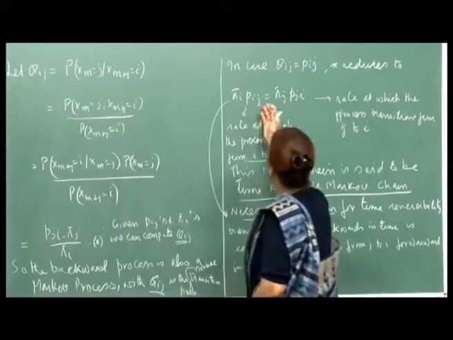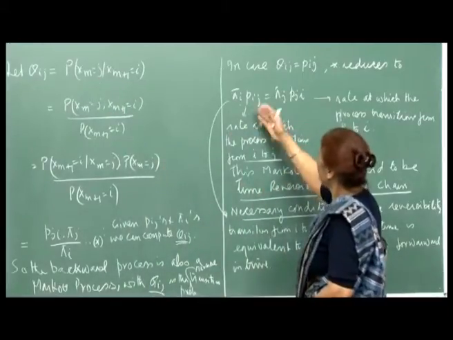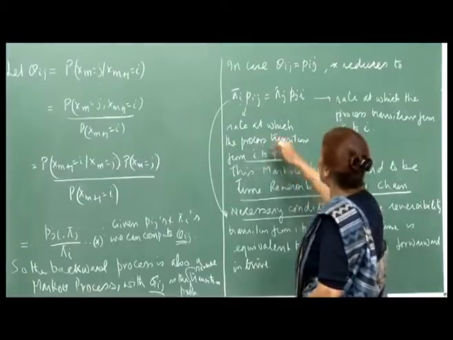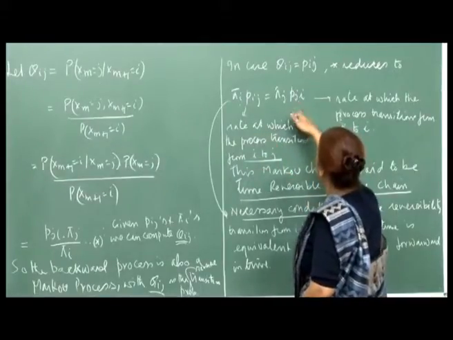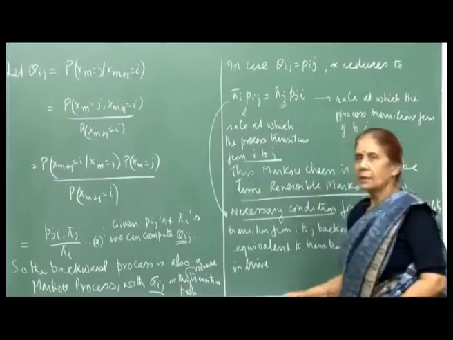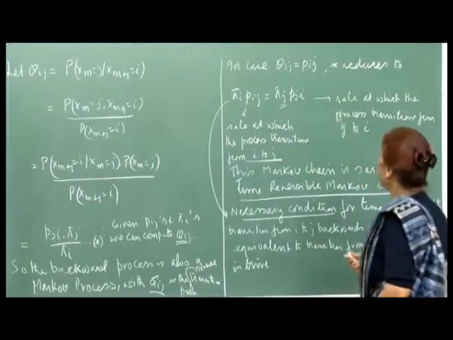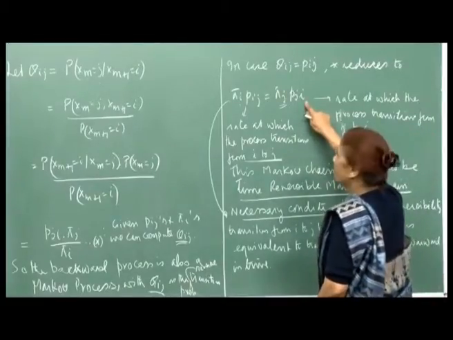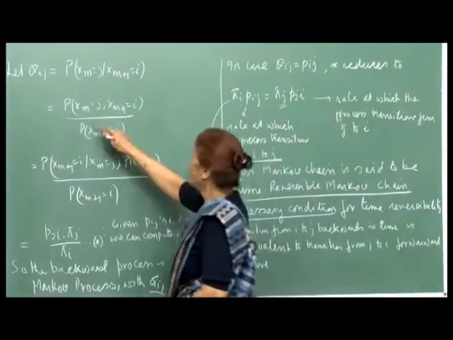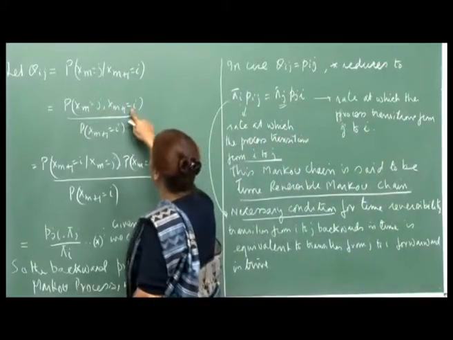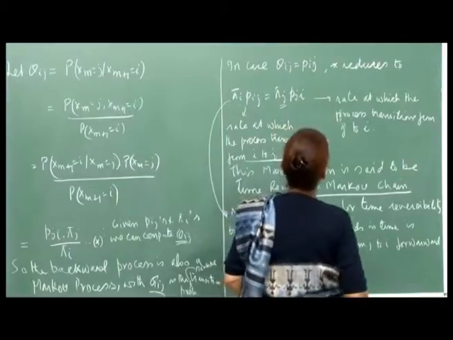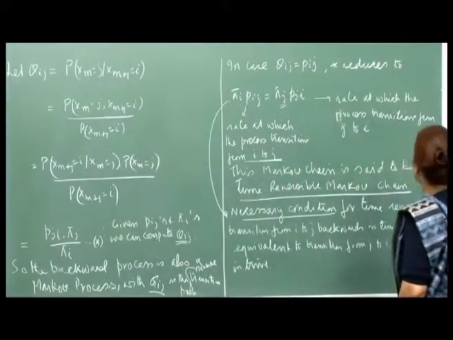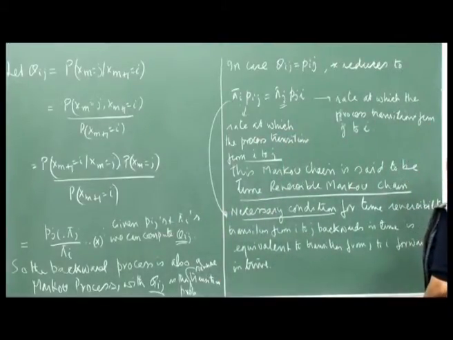So, this is the rate at which you are transitioning from i to j in the backward way, and this is pi j p j i. So, this is the probability of being in state j, and then you are transitioning from j to i, right. So, this is your x m equal to j, and then you are transitioning to i in the forward direction. So, this is the rate at which the process transitions from j to i.